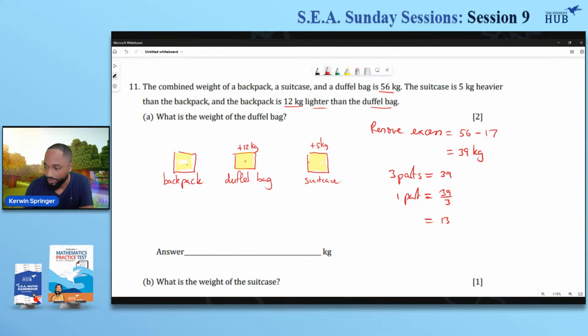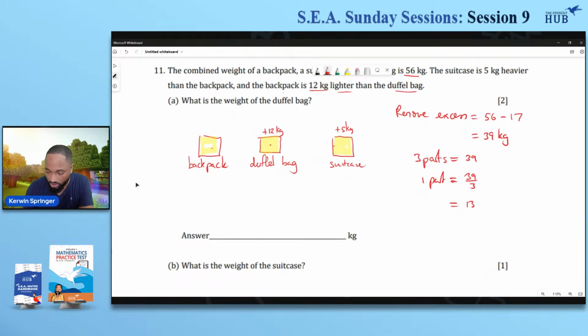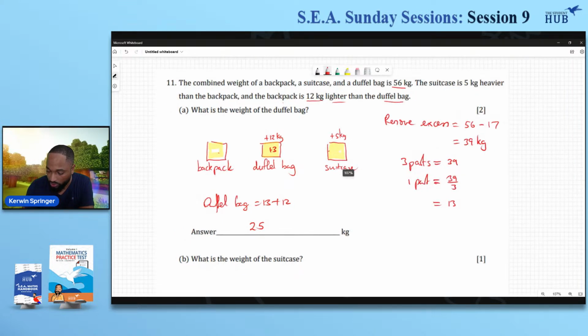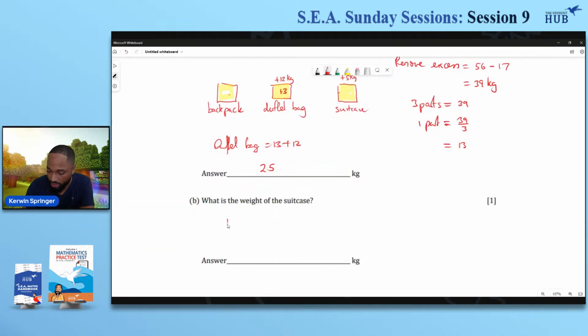So then what next? What is the weight of the duffel bag? 13 plus 12 is 25. The duffel bag is going to be the 1 part plus the 12, which is 25. The weight of the suitcase will be 13 plus 5, which is 18 kg.